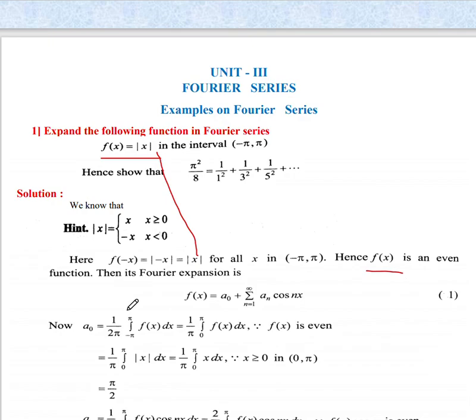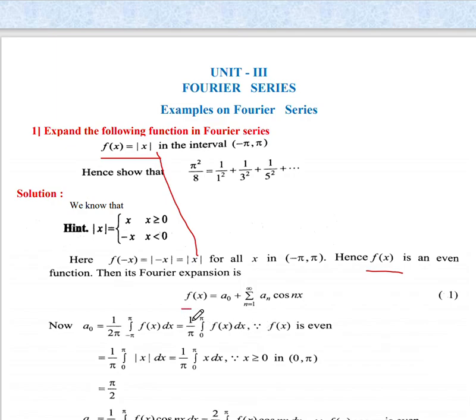Okay, so if the given function f of x is an even function, then by using the even function theorem, bn will become 0. The Fourier series can be written as f of x equal to a0 plus summation n equal to 1 to infinity an cos nx.